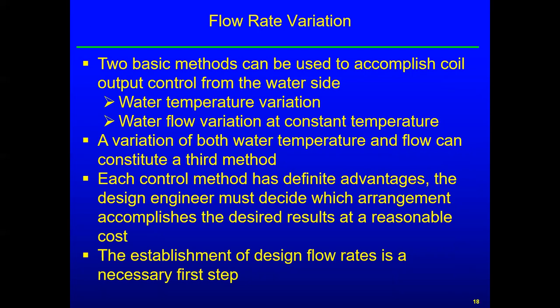Okay, so each control method has definite advantages, and it's up to the design engineer to select what he wants, keeping a reasonable cost in mind. The establishment of design flow rates is the first necessary step. And where does the flow rate come from? That comes from the good old Carrier HAP program or TRACE. When you do your design simulations on the building, that's where you get your loads.